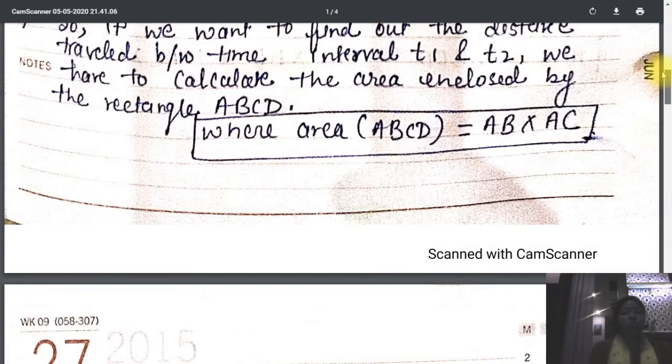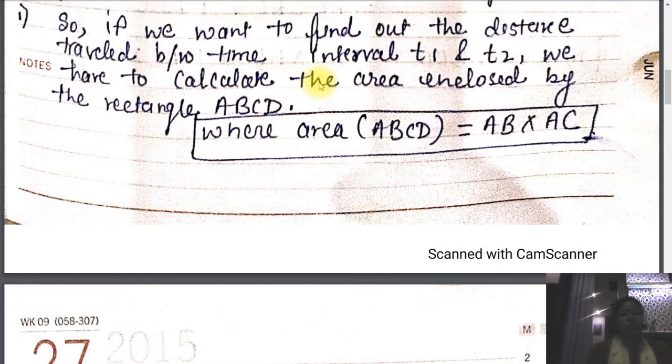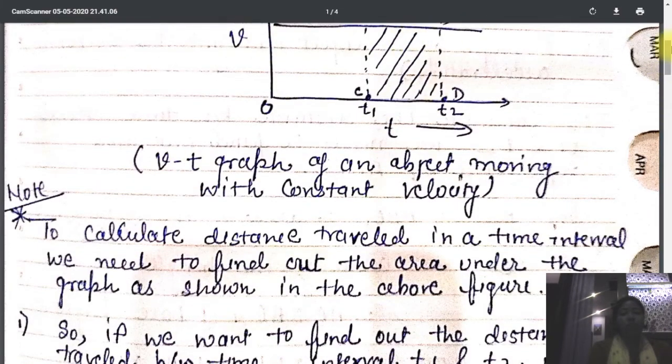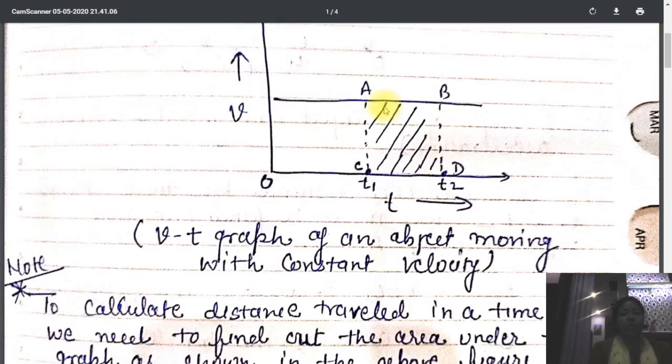So what will we do in the next step? By the maths relation, we know that the area of the rectangle is defined as length into breadth. So this value can be written as AB into AC, or CD into BD.